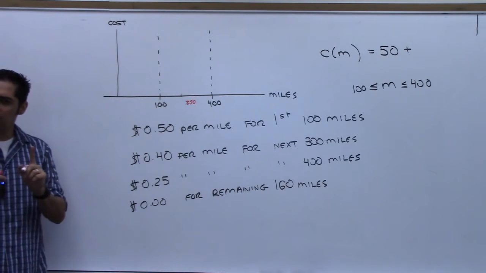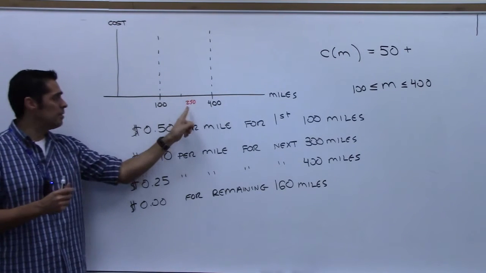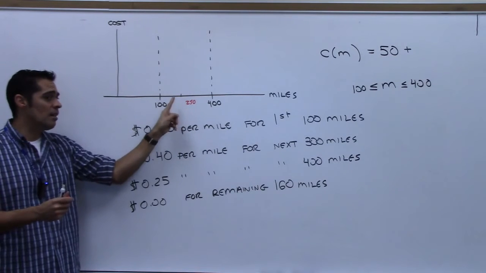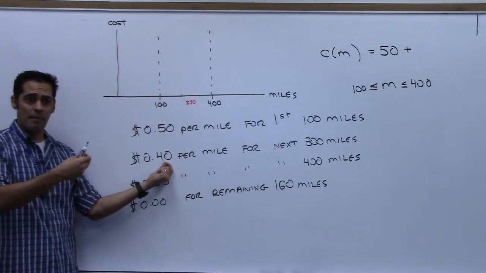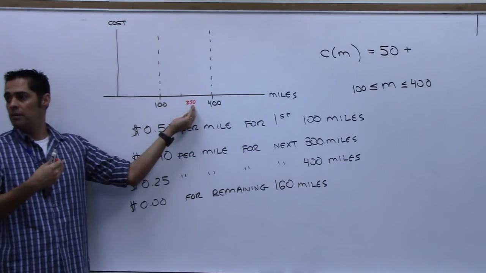See, this is the part that you have to account for. M is how many miles you've gone total, right? So isn't M 250? Yeah. But to get how much it's going to cost in here, I don't want to multiply 0.4 by M, right? I want to multiply by what? M minus 100. Take away 100.